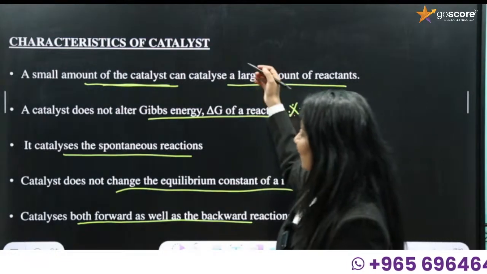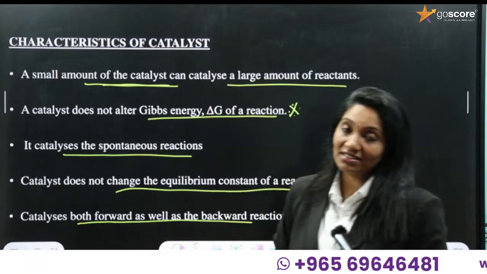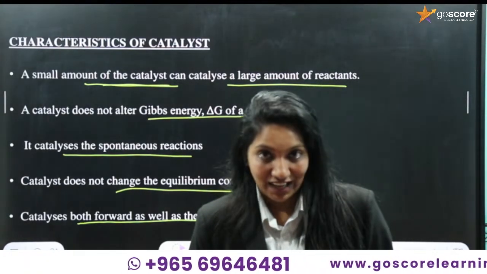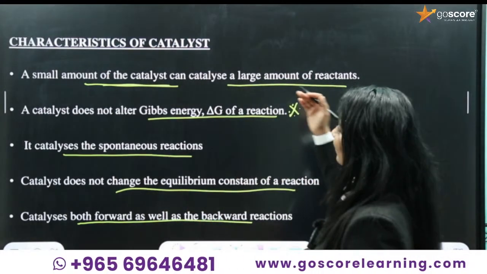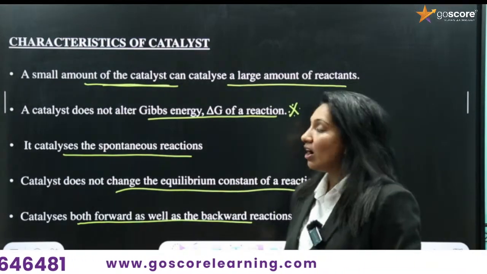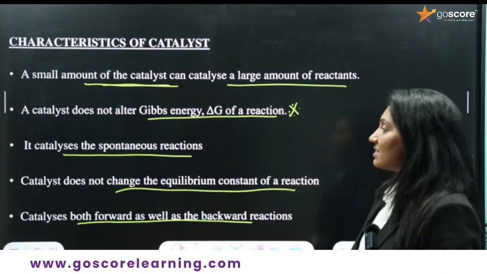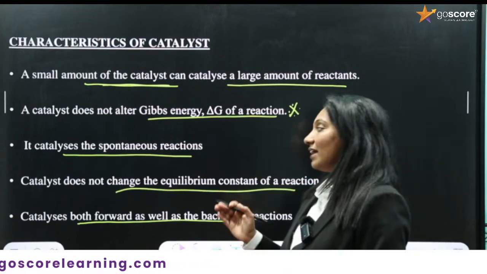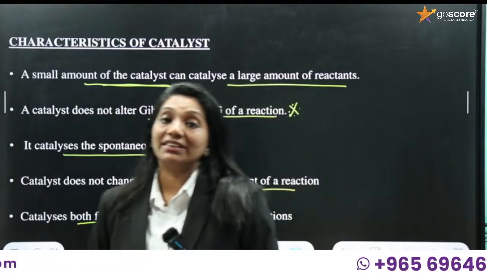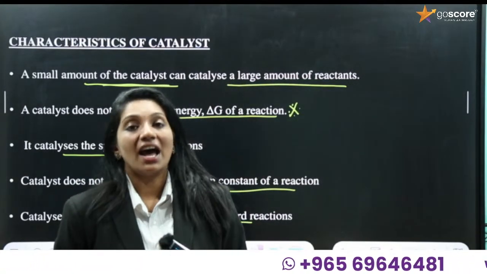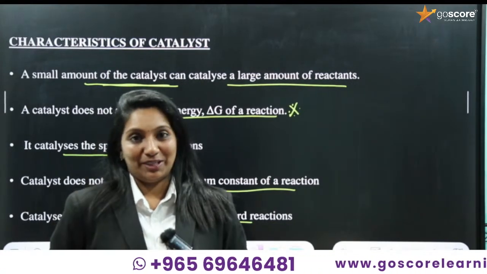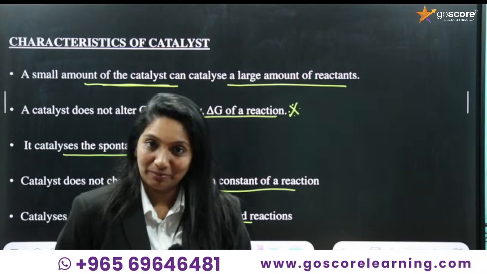Okay. So these are the main 5 characteristics of a catalyst: a small amount of catalyst is required for a large amount of reactant molecules, a catalyst does not alter the Gibbs energy of a reaction, it catalyzes the spontaneous reaction, it does not change the equilibrium constant of a reaction, and it catalyzes both the forward as well as the backward reactions, thereby helping to attain or maintain the equilibrium.